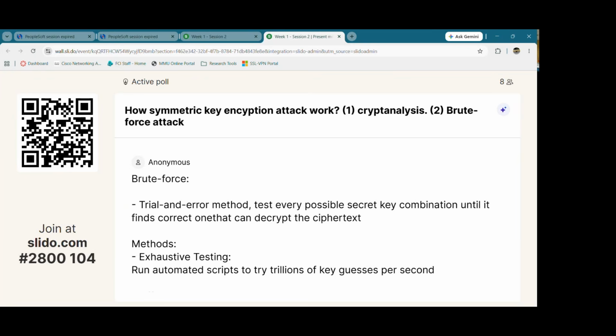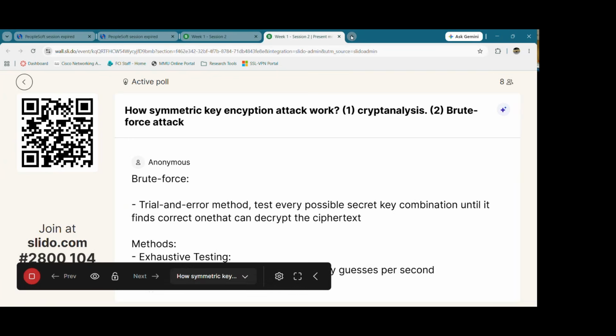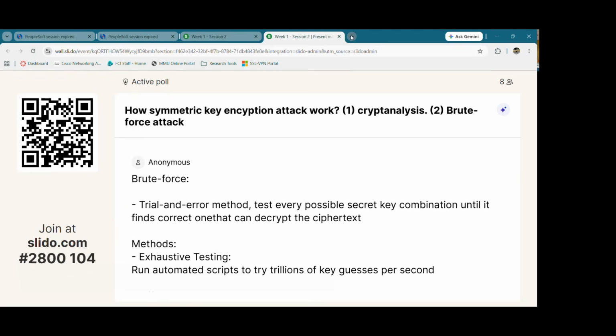But in Malaysia, we still don't have high performance computing. Not quantum, but high performance computing, or HPC.